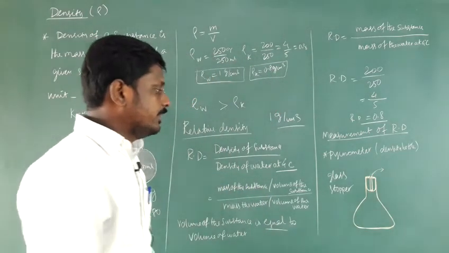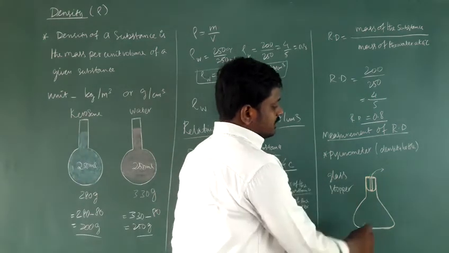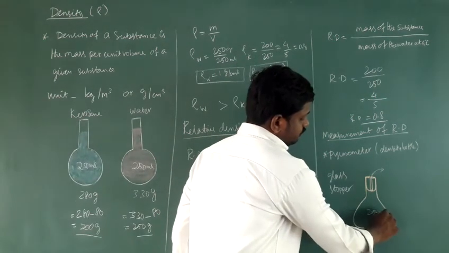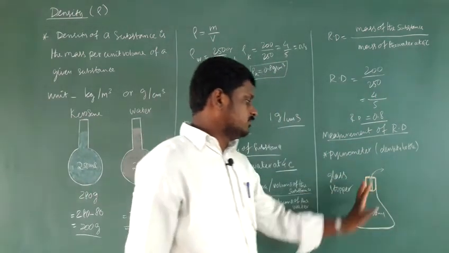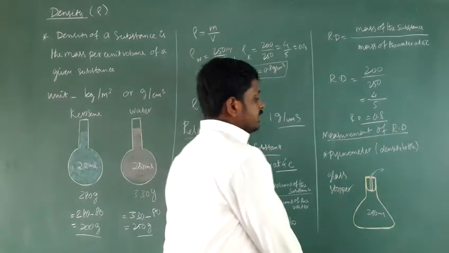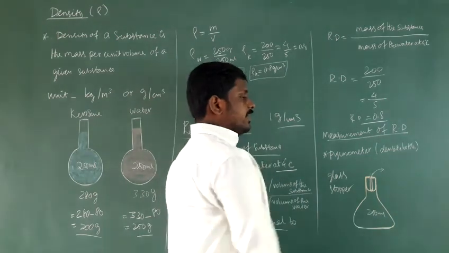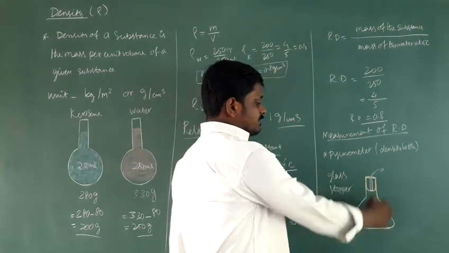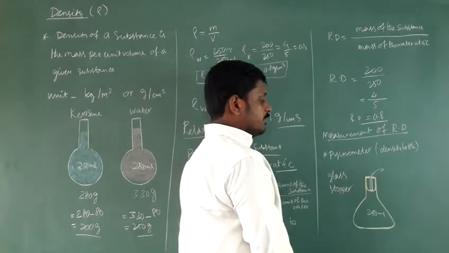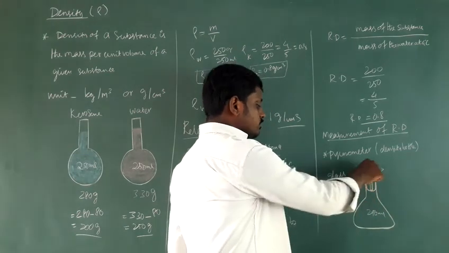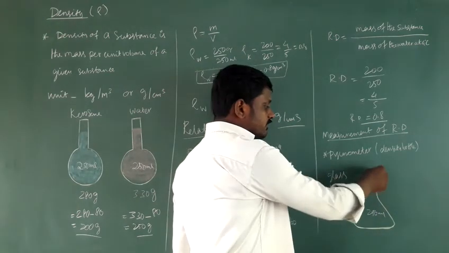For example, I am going to measure the mass of the substance. This is 250 ml. I fill it with 250 ml of water. It should be exactly 250 ml. Whatever liquid I am filling, the glass vessel should be filled with 250 ml. So I close it using a glass stopper with a fine hole.